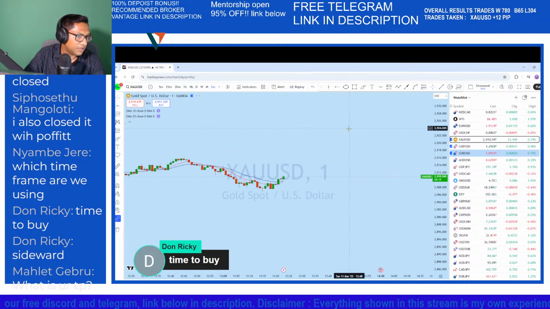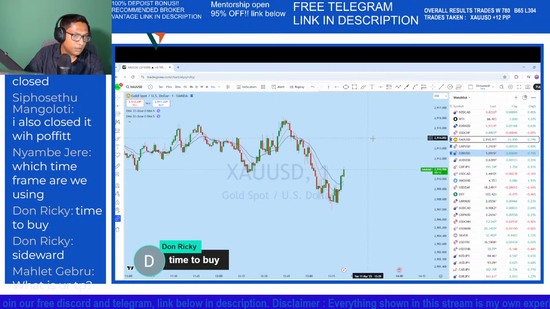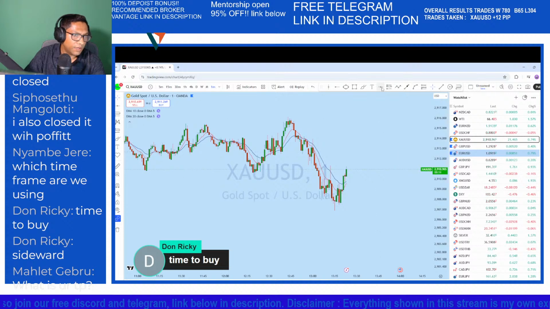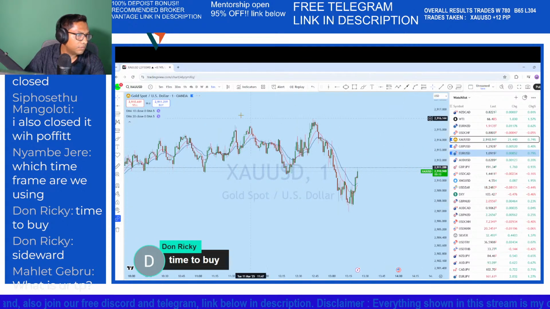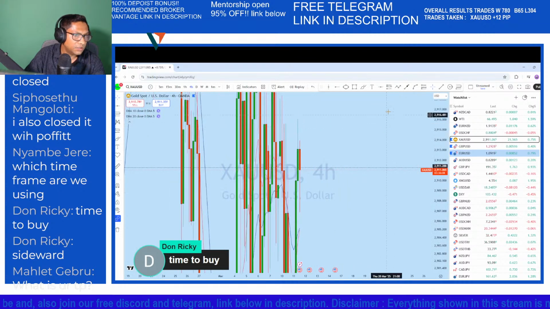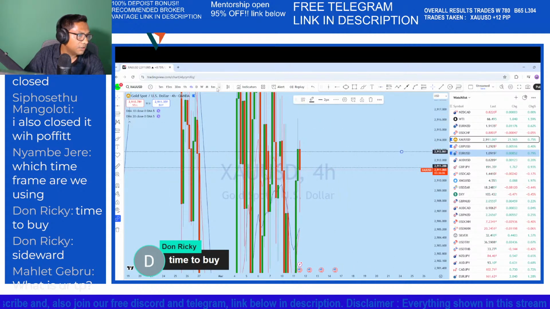We could see that it just has grabbed the liquidity, and if you look at the 4 hour resistance, it's the 4 hour resistance here.